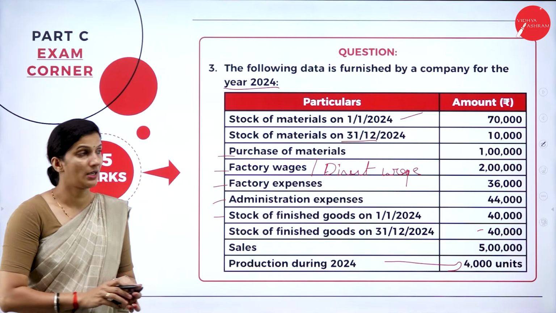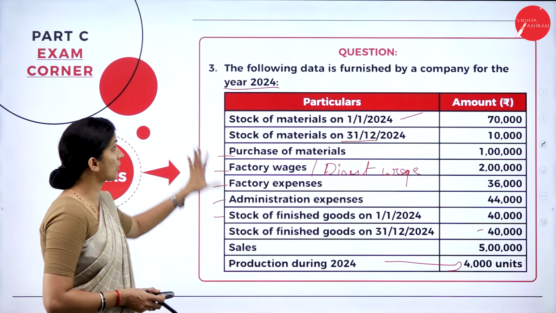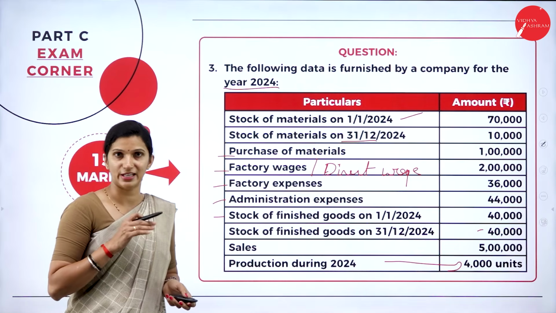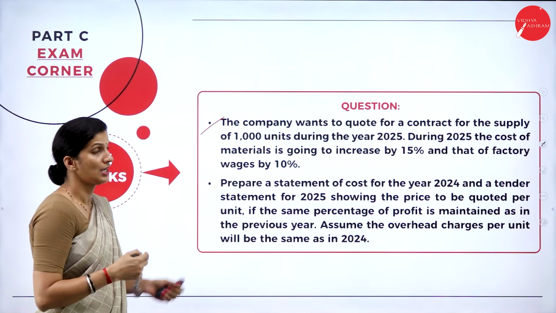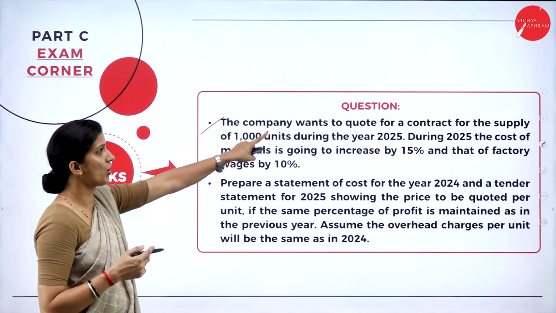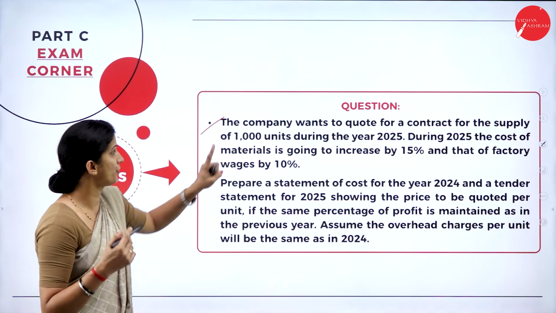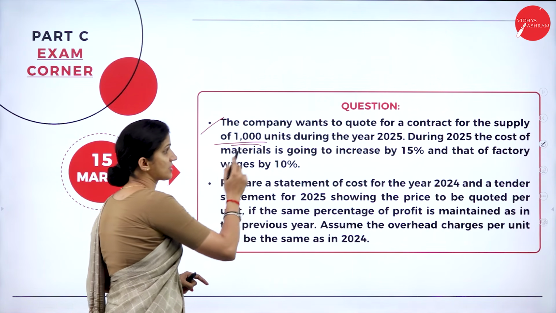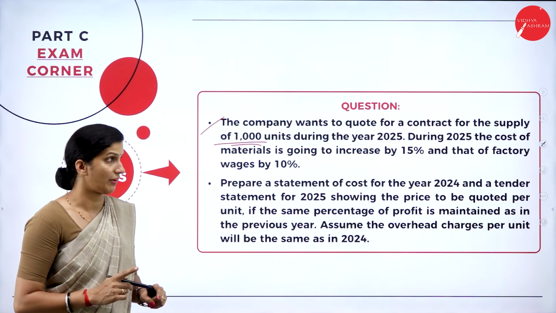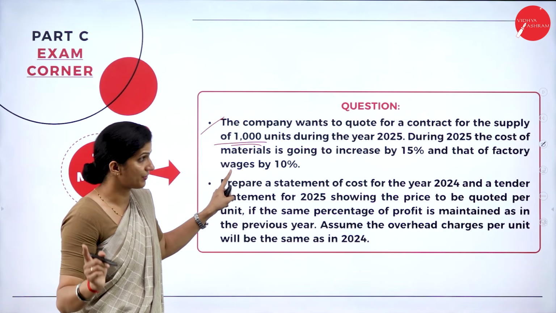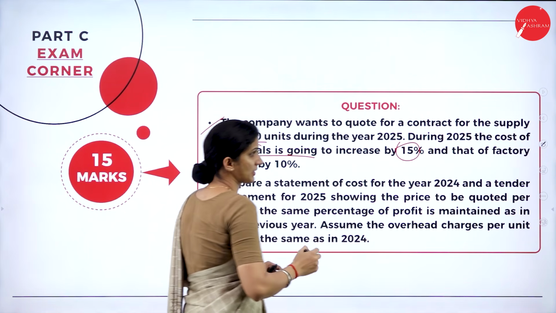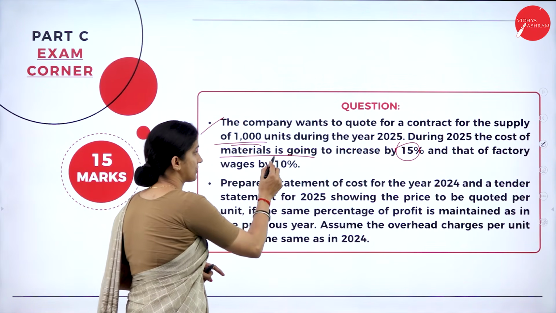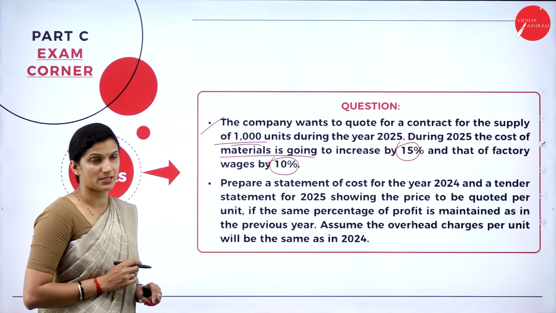So first, we have to prepare one simple cost sheet for the year 2024. After that, we have an estimate. Here it is given, the company wants to quote a contract for the supply of 1,000 units during the year 2025. For that, in the year 2025, the cost of material is going to increase by 15% and the factory wages will increase by 10%.